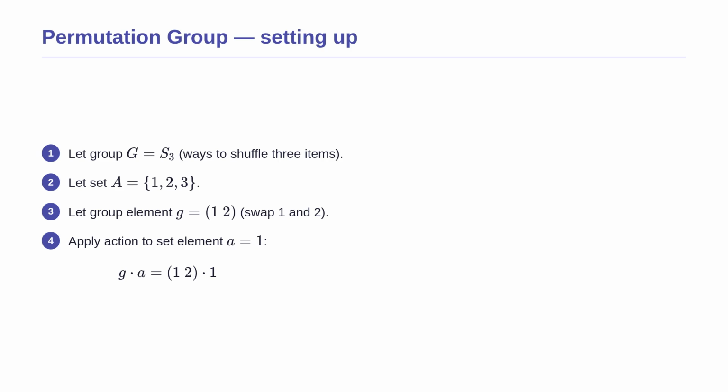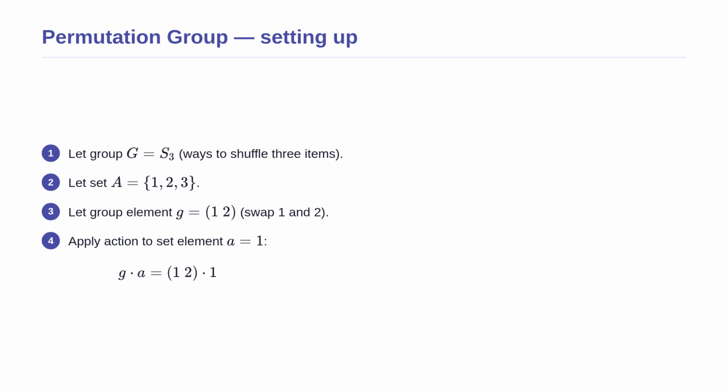Before we move on to more complex ideas, let us see this with a concrete example to build your confidence. We will use a permutation group, which is a specific way of shuffling items. We are given the group S3, representing all possible ways to shuffle 3 items, and our set A contains the actual numbers 1, 2, and 3.